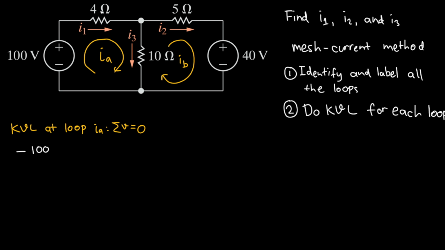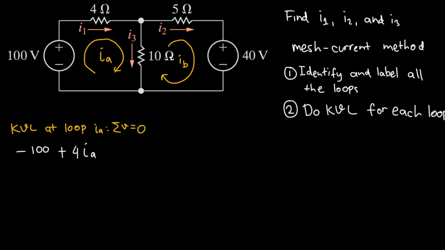And now let's move on to this 4 ohm resistor. So I will have plus 4. But then remember that we need voltage. 4 here is a resistance, so we need to multiply it by the current. However, we need to multiply it by the loop current. We only see the loop current. So we will have IA here.